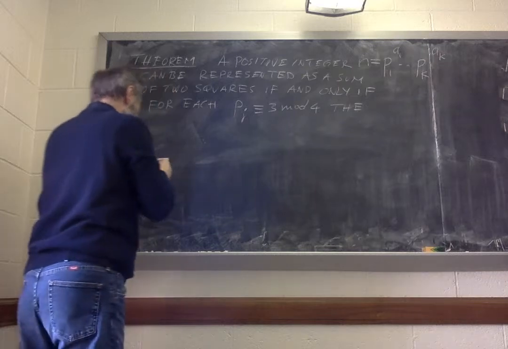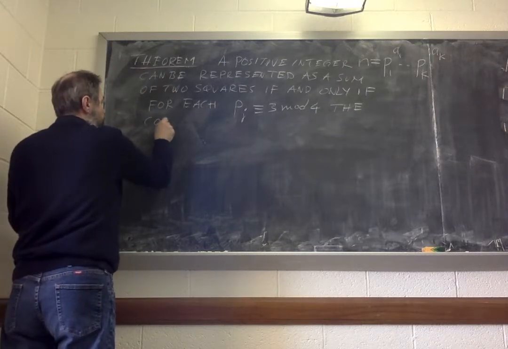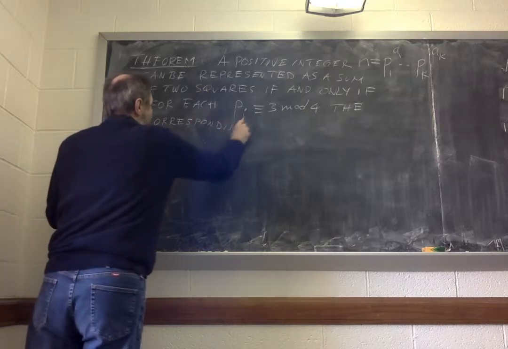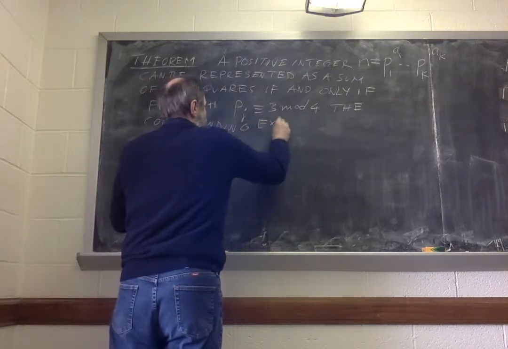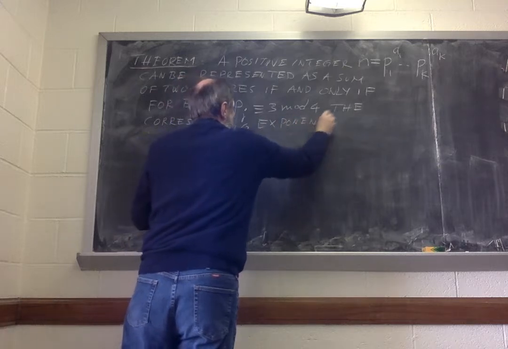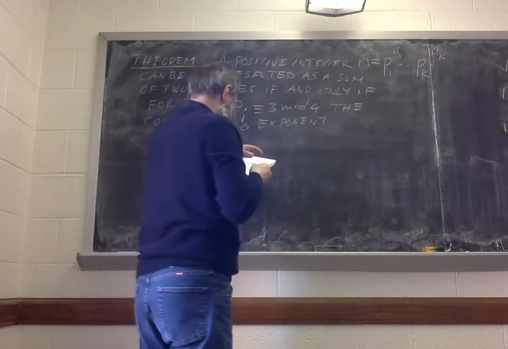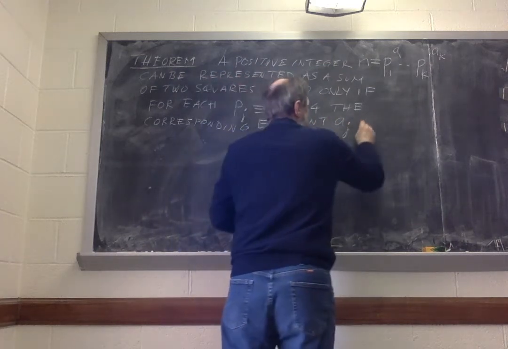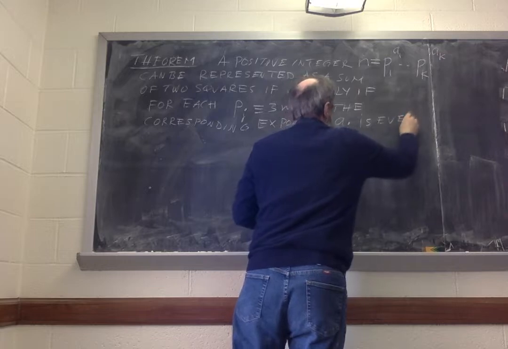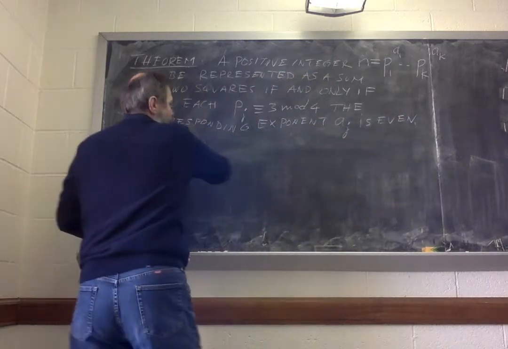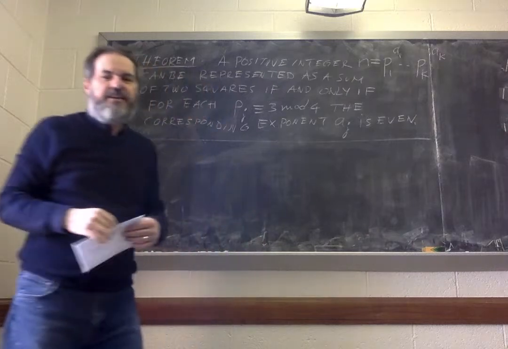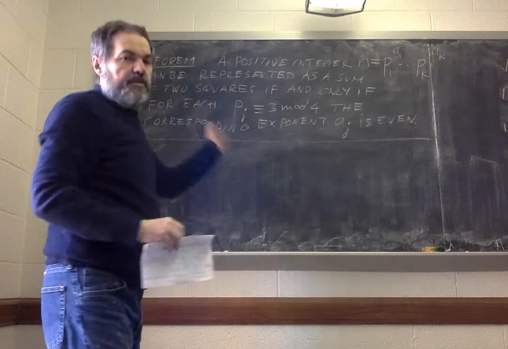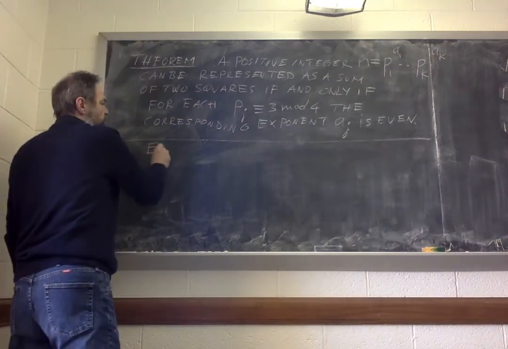The corresponding exponent Aj is even. It looks complicated and it has a long statement. So let's see several examples. It's going to be easy to use in practice.